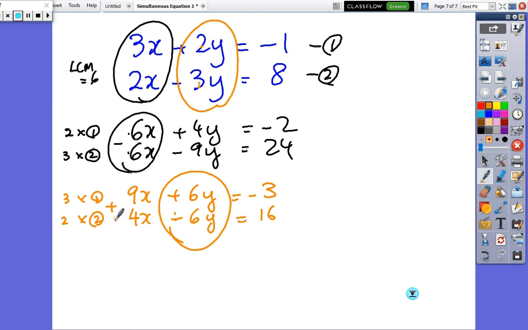So it just depends. Here the 6's have the same sign, so I subtract. Here the 6's have different signs, so I do an add. You don't need to do that one to finish it off. And that's the elimination method.